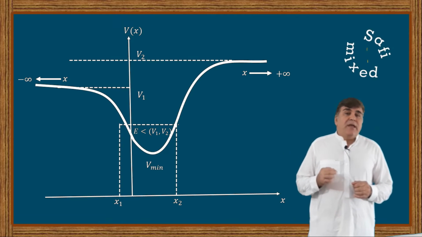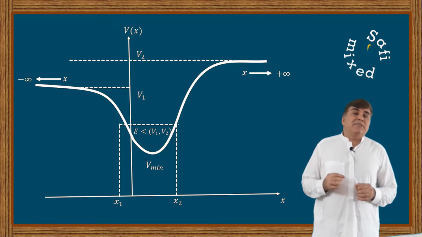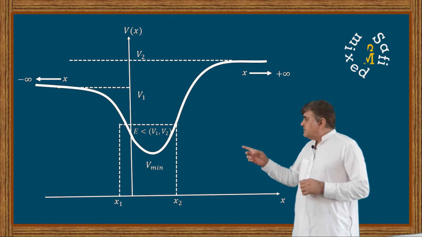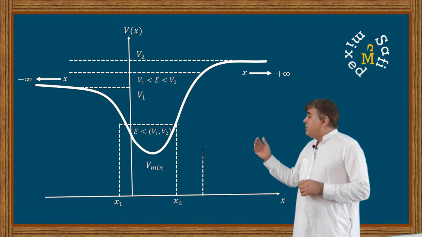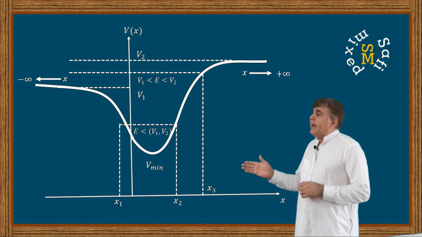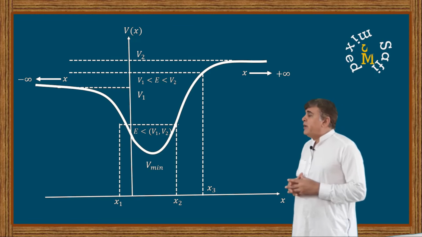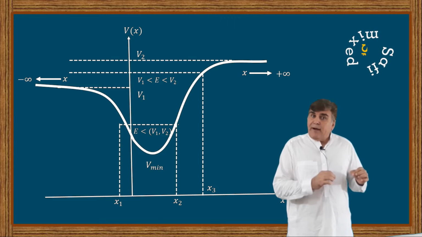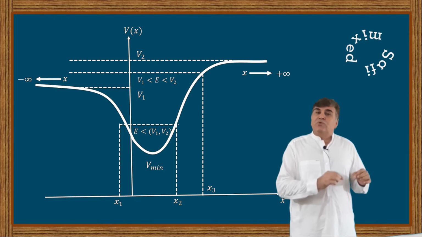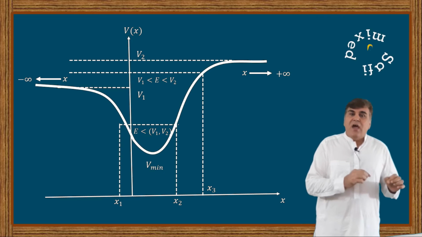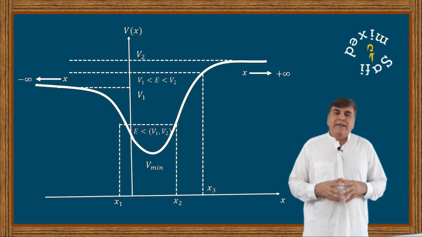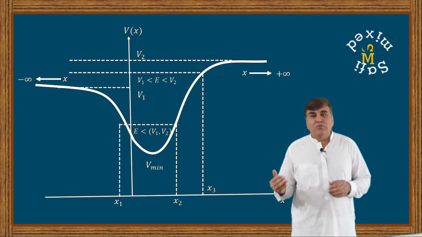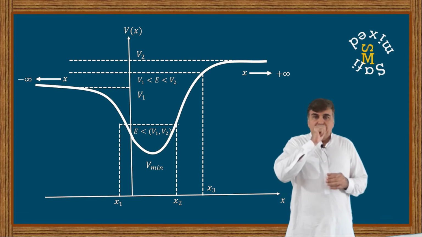On the other hand, if the particle energy is greater than V1 and lesser than V2, that is, V1 is lesser than E and E is lesser than V2, under this condition, although the particle is not allowed to go to plus infinity on the right, it is not bounded and can move to x equals minus infinity.